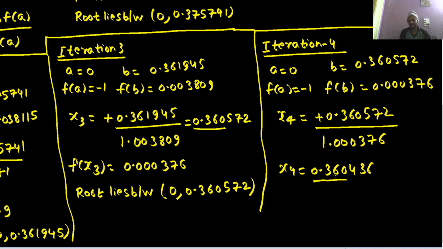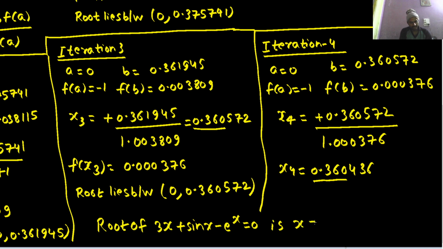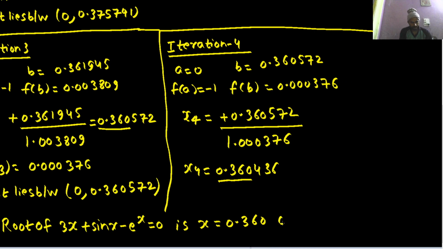Okay, and I only needed up to 3 decimal places, so I can say that root of the equation is x equals to 0.360 correct up to 3 decimal places.